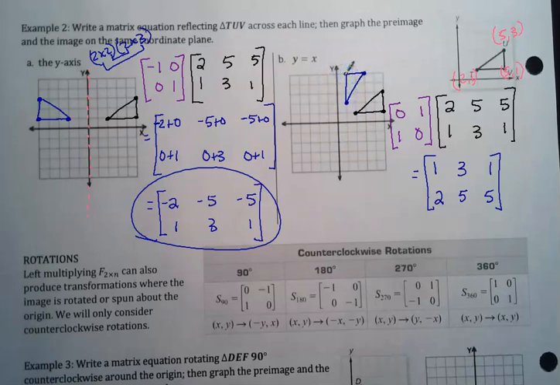Okay, and if I look at that line of symmetry, it's y equals x. So when y is 1, x is 1. When y is 2, x is 2. So I've got a line of symmetry that's a diagonal across there. And yeah, that is symmetrical to that.